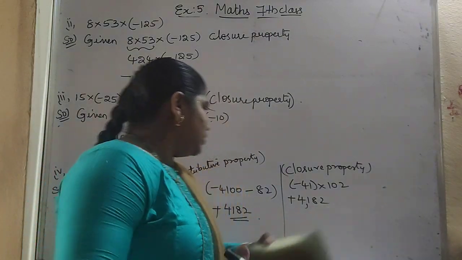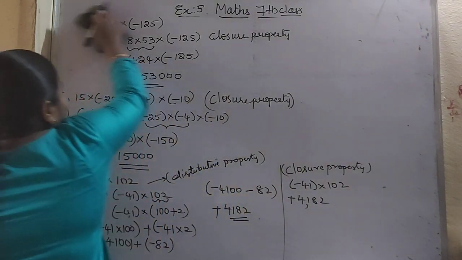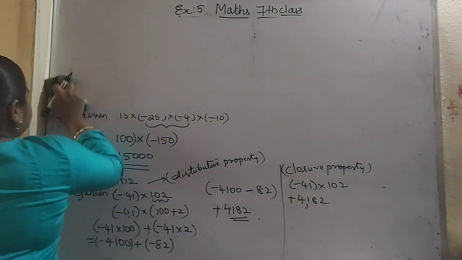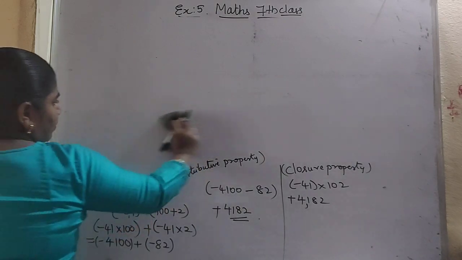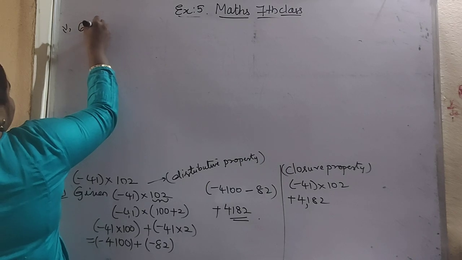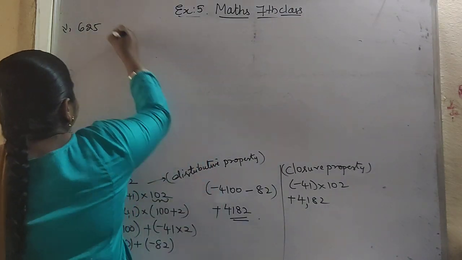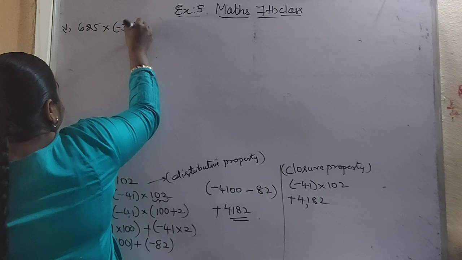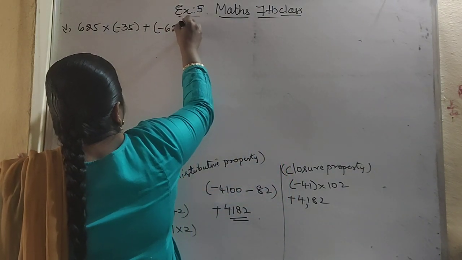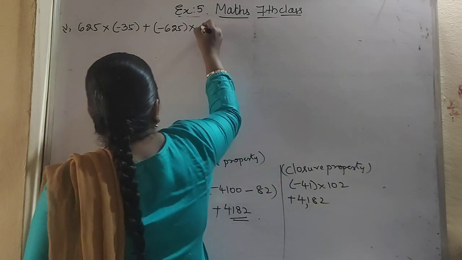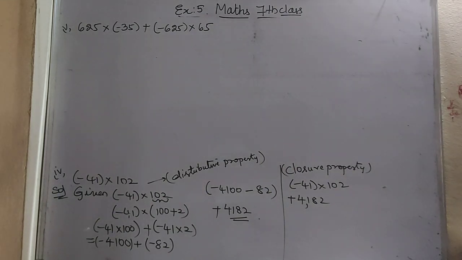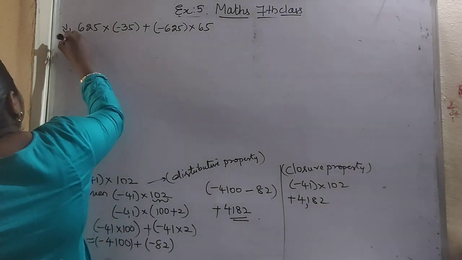Okay. So next one is fifth one. 625 into minus 35 plus minus 625 into 65. So here also this is in the form of distributive property.